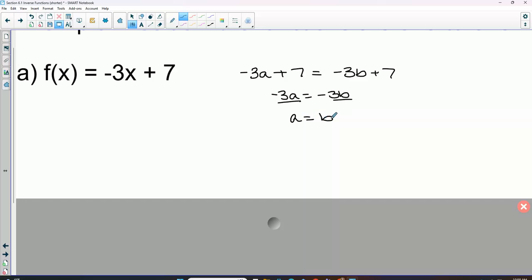So what we just found is the only way the y's could be equal is if those x's were the same, if a and b were the same number to start with. So when you solve that, if you get a equals b, that means these are one-to-one. It is a one-to-one function, the y can't repeat.